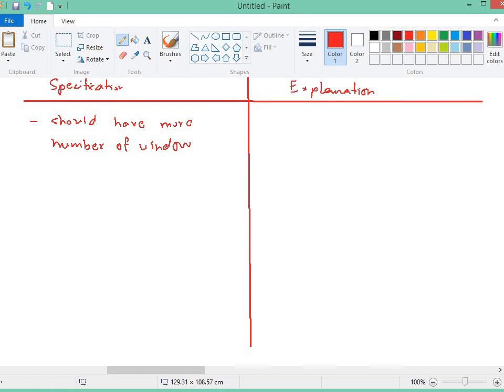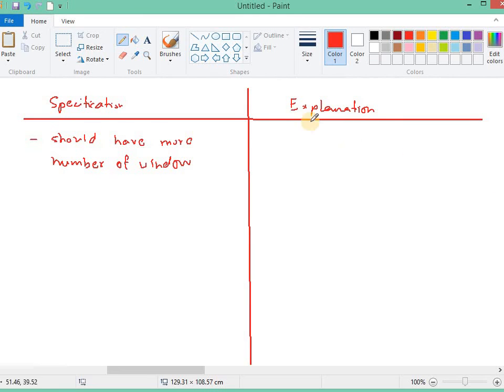And then the explanation: increase rate of airflow, or increase rate of air circulation, or increase air circulation, also can.